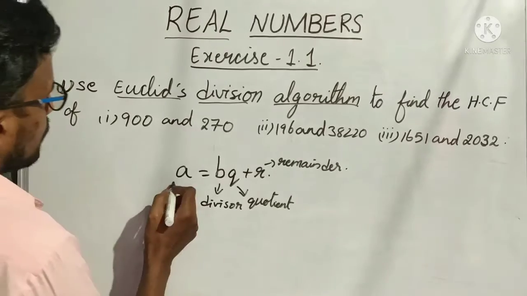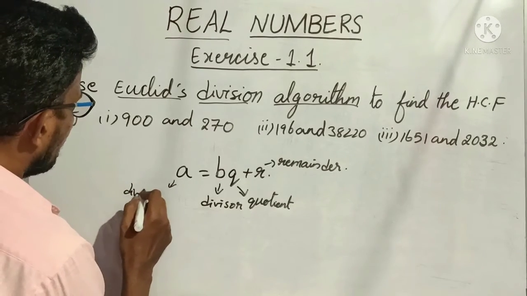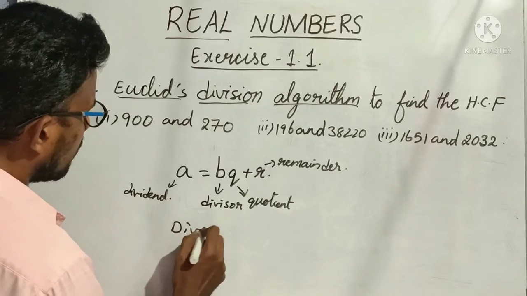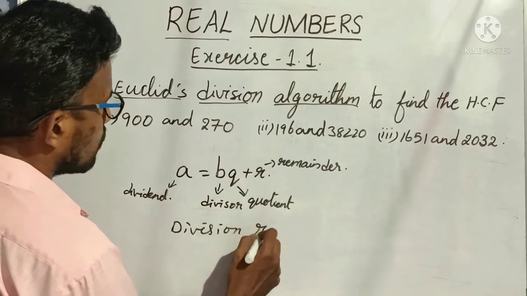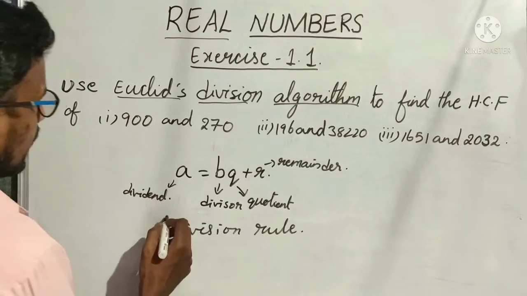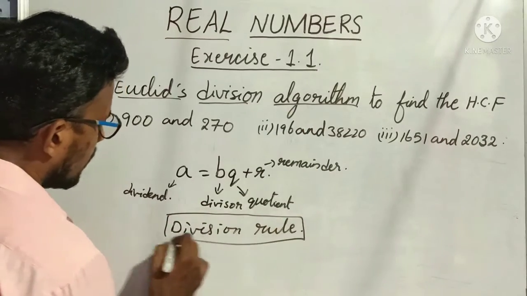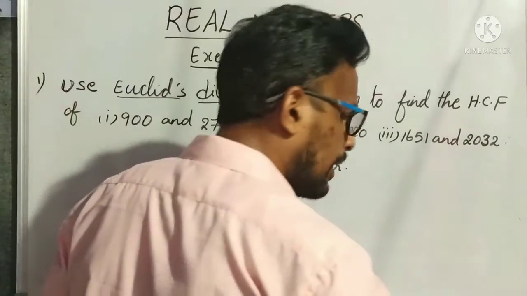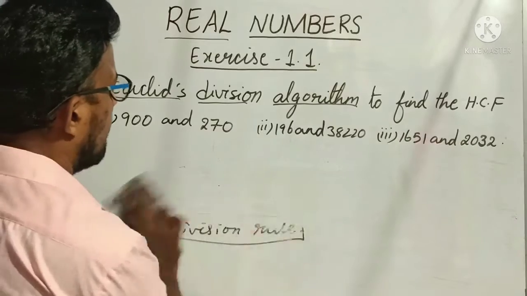Here A becomes our dividend, and this is the same division rule which we used in our lower classes. The same division rule is called Euclid's division algorithm. Let me explain with an example.